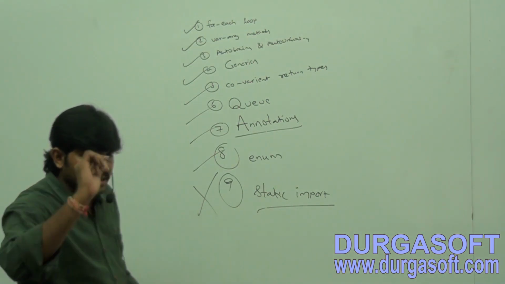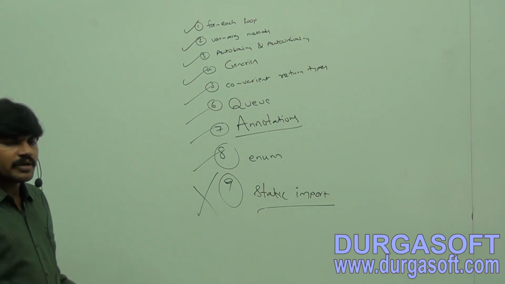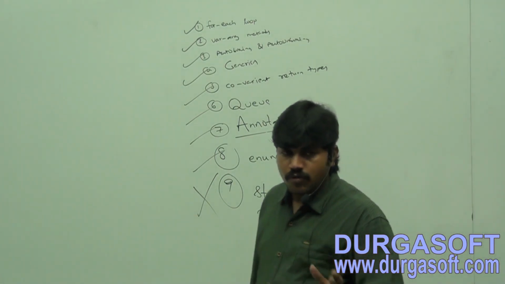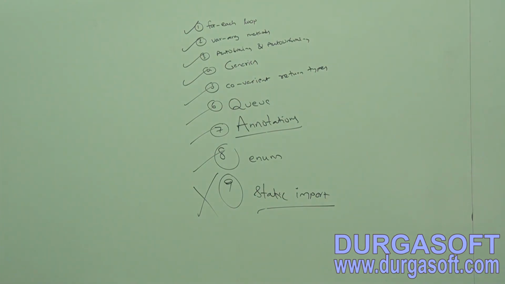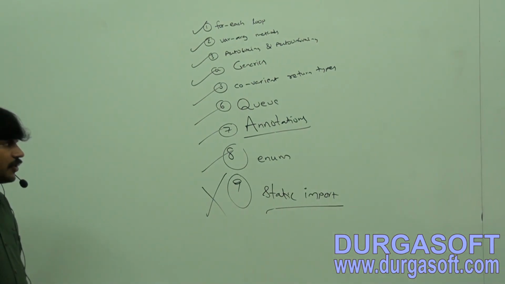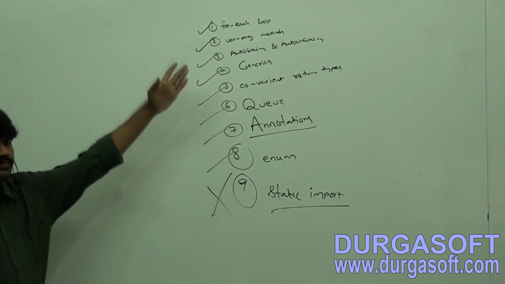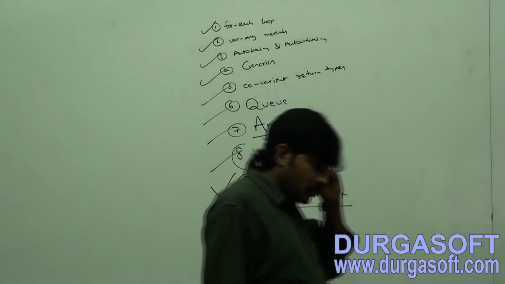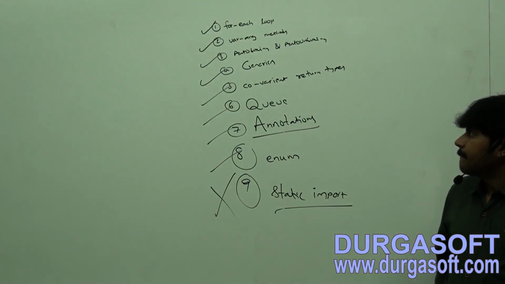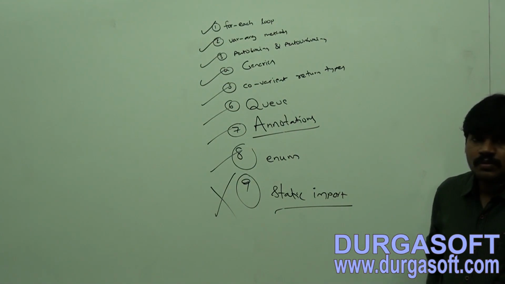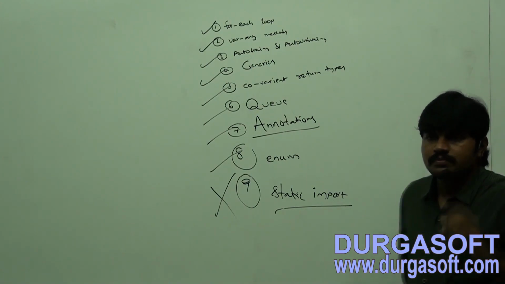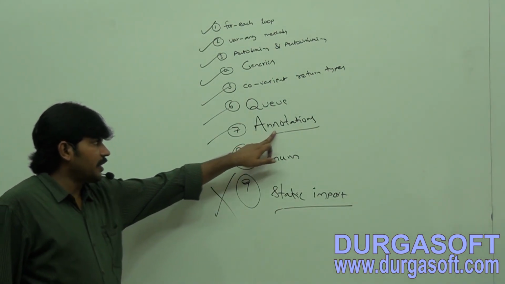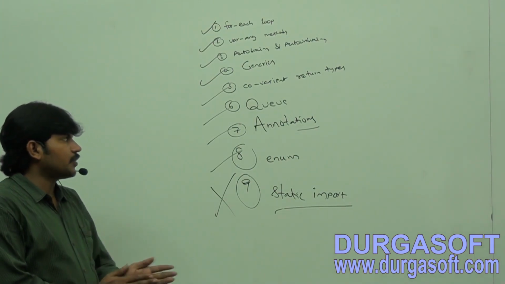But before that, take a note. 1.5 version new features: for-each loop, var-arg methods, auto boxing and auto unboxing, generics, covariant return types, queue, annotations, enum, static import.